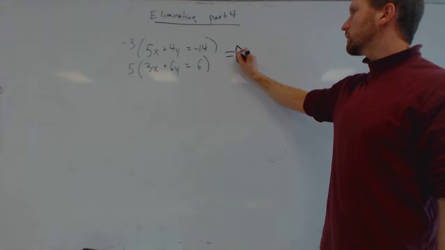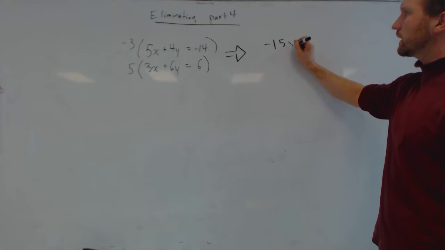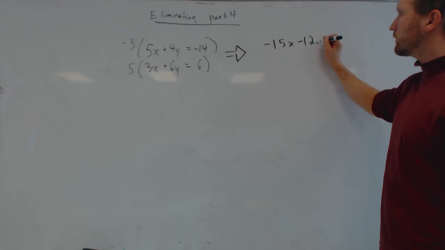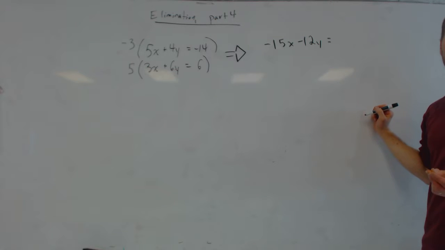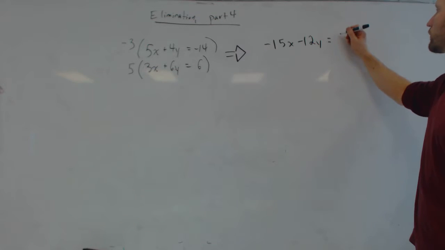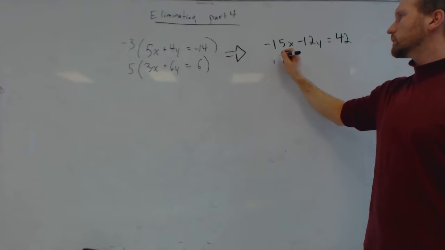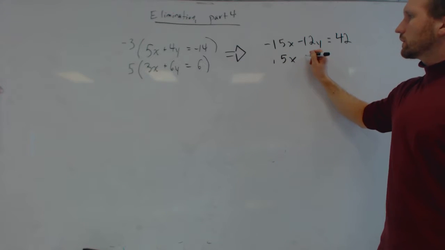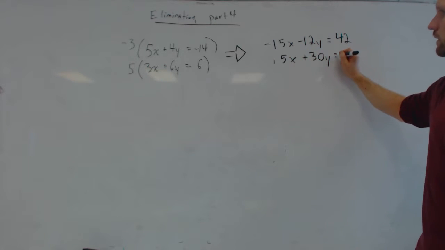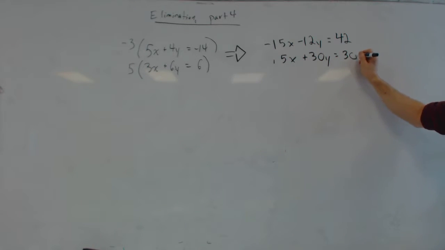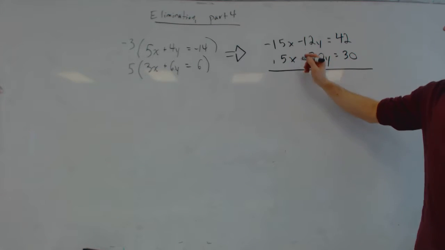So, if I just rewrite both equations, I have negative 15x minus 12y equals 3 times 14, 30 plus 12, 42. And then I've got 5 times 3x, which is 15. 5 times 6, which is 30. And 5 times 6 again, which is 30. These are now ready to add, because I have negative 15 and 15.